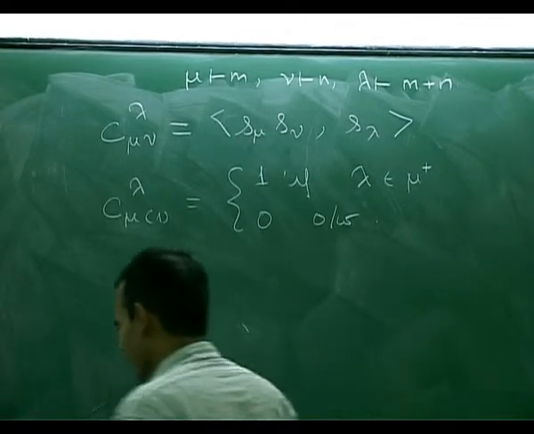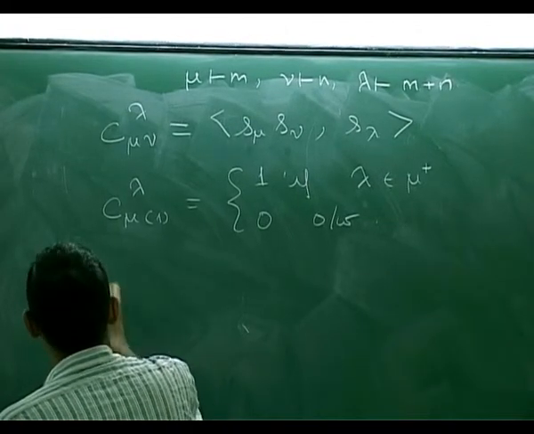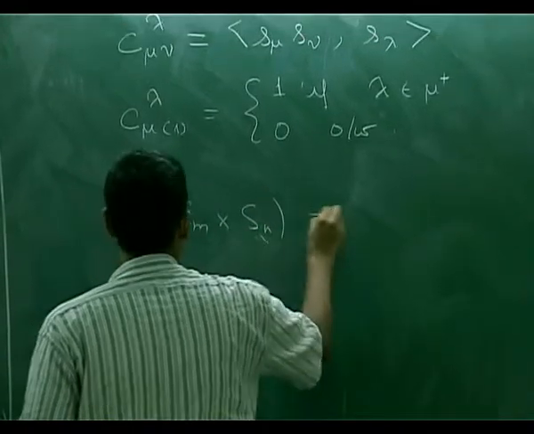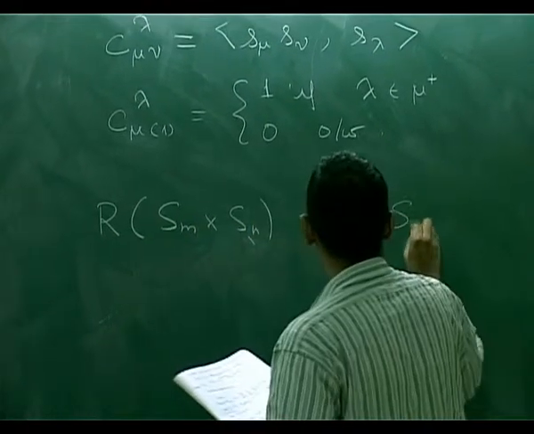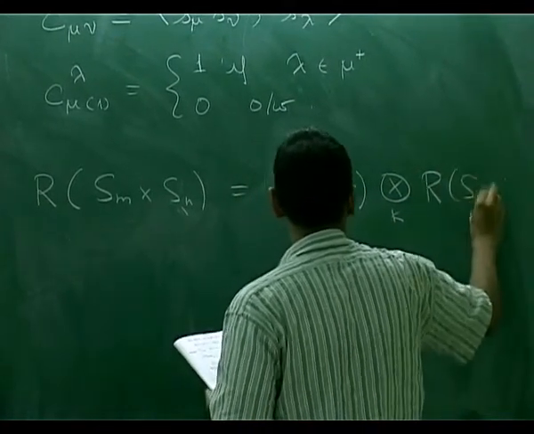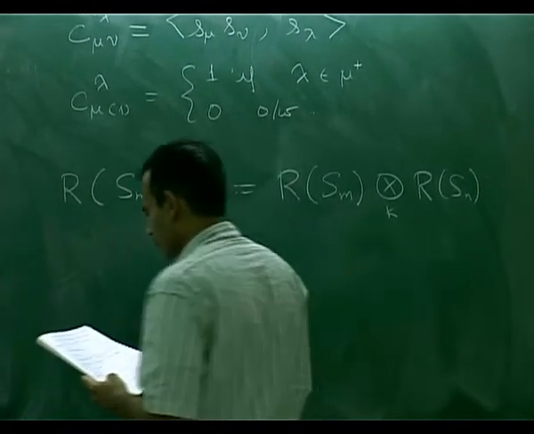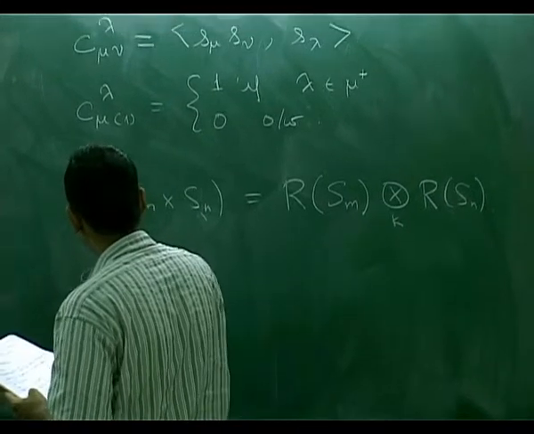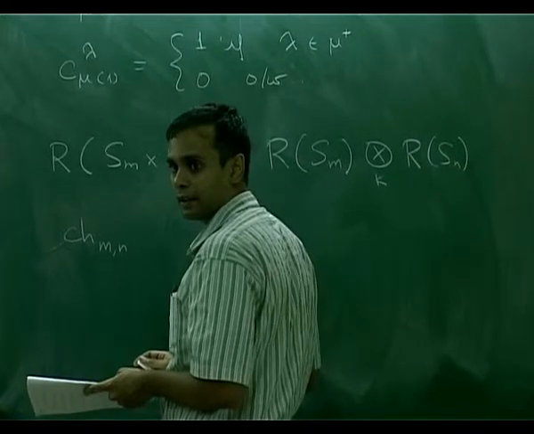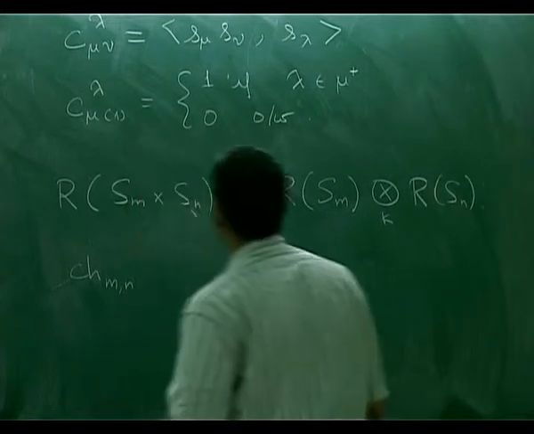And so for this, what we need to do is extend the characteristic function to the product of two symmetric groups. So you take the class functions on Sm cross Sn, and that's nothing but the class functions on Sm tensored over K with the class functions on Sn. And so you define the characteristic function, I'll call it m comma n.